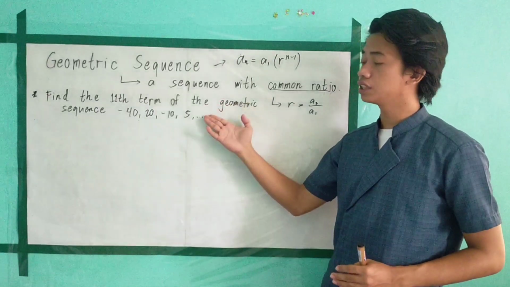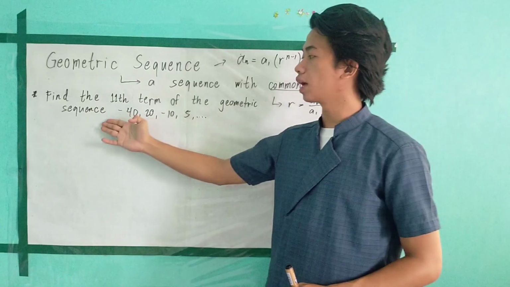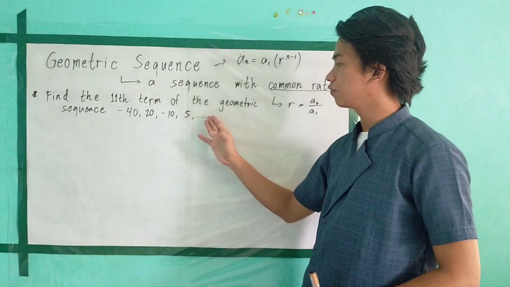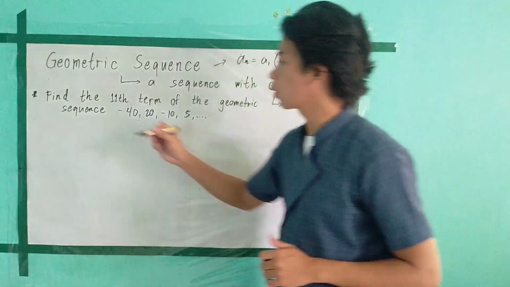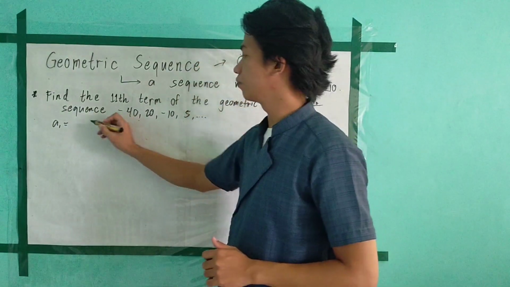So, let's have this given problem. Find the 11th term of the geometric sequence, negative 40, 20, negative 10, 5, and then ellipsis. So, in our geometric sequence, our A sub 1 is equal to negative 40.